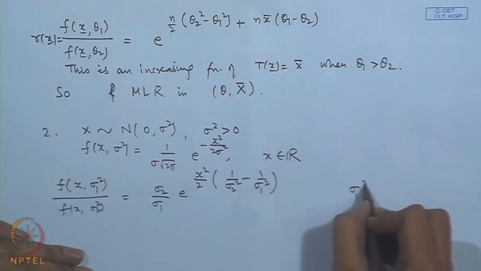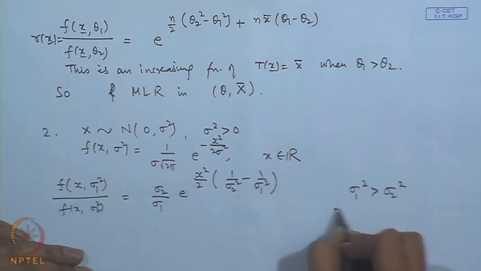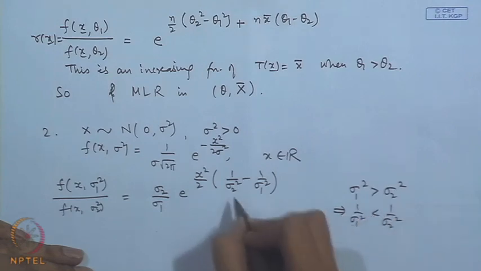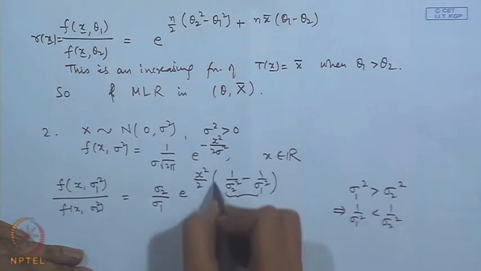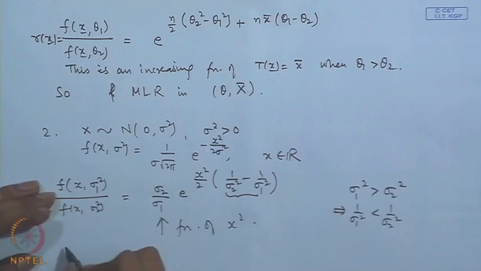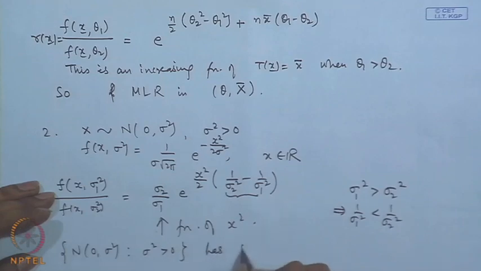Now, let us take sigma 1 square greater than sigma 2 square, that means 1 by sigma 1 square is less than 1 by sigma 2 square. So, this term becomes positive and therefore, this is an increasing function of x square. So, this family of normal 0, sigma square distributions has monotone likelihood ratio in sigma square and x square.